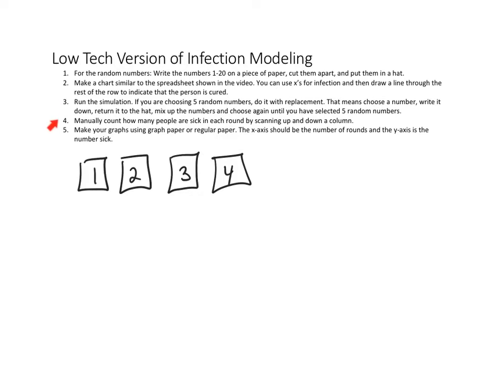You're going to manually count, which I just showed you, and then you're going to make your graph using graph paper or regular paper. The x-axis should be the number of rounds and the y-axis should be the number sick. Let's look at what that might look like. I'm just doing this freehand. On the x-axis we have the rounds, and on the y-axis we have the number sick.